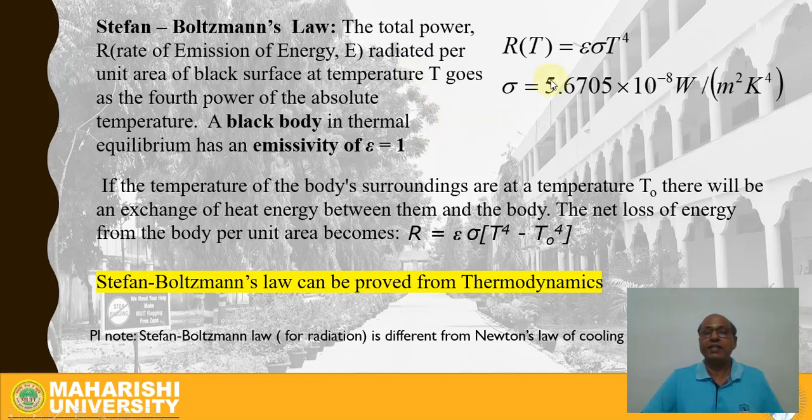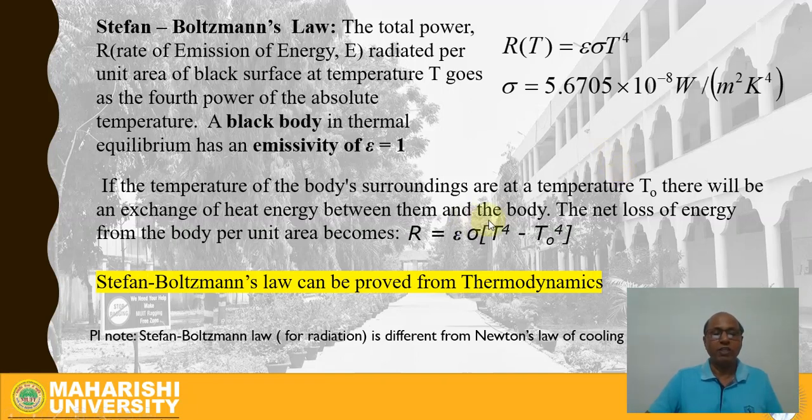Now, if the temperature of the body is, let's say, T, and there is a surrounding surface which is at temperature T0, that means the body at temperature T, which was radiating everything, will now have some radiation dependent upon the temperature T0 of that outer body, because it will be radiating only the net difference between the two.